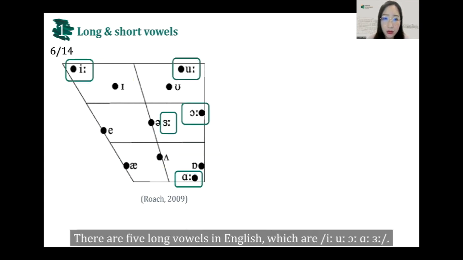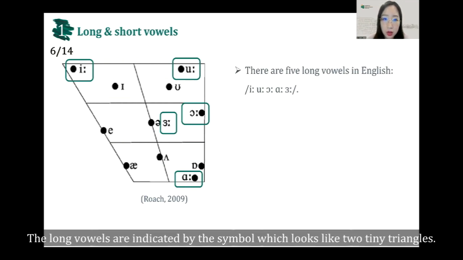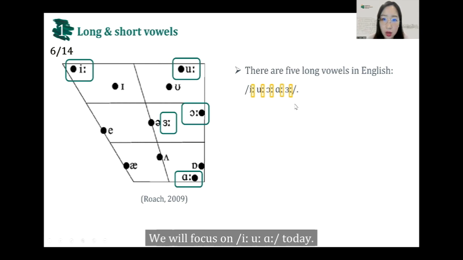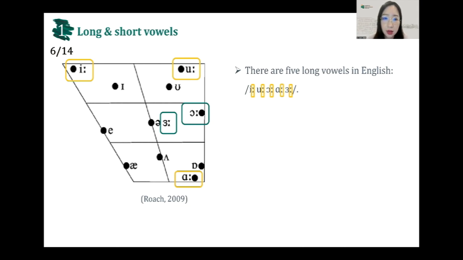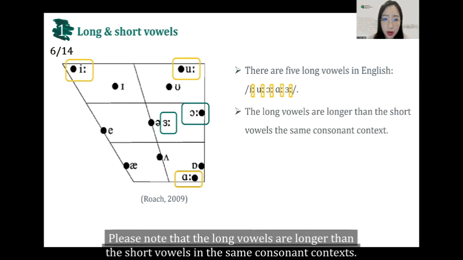There are 5 long vowels in English, which are /iː/, /uː/, /ɔː/, /ɑː/, and /ɜː/. The long vowels are indicated by the symbol /ː/, which looks like 2 tiny triangles. We focus on /iː/, /uː/, /ɑː/ today. Please note that the long vowels are longer than the short vowels in the same consonant contexts.